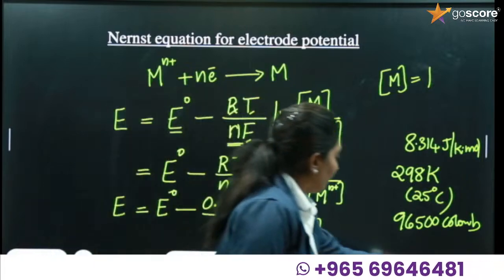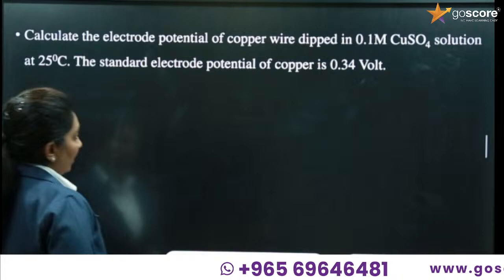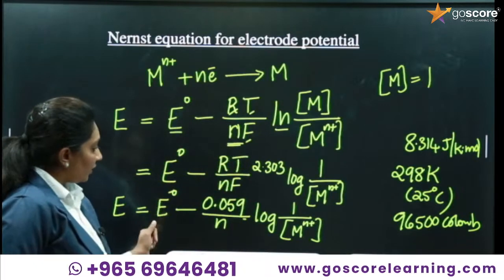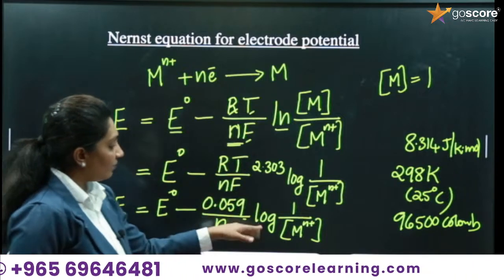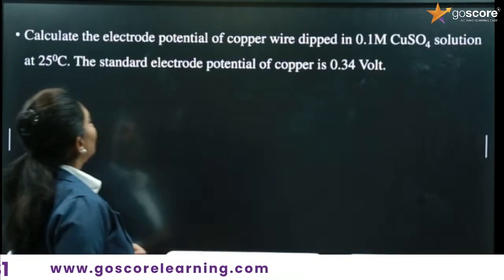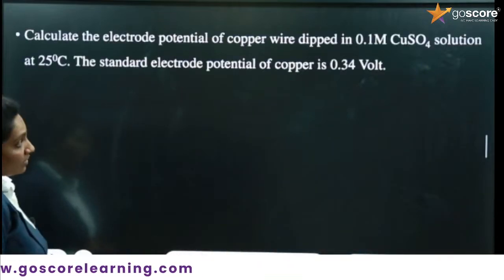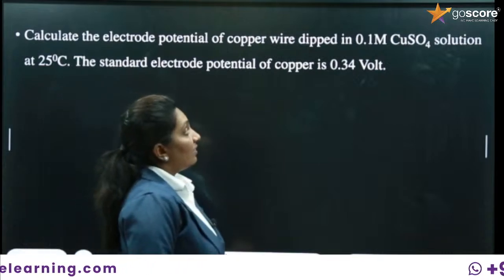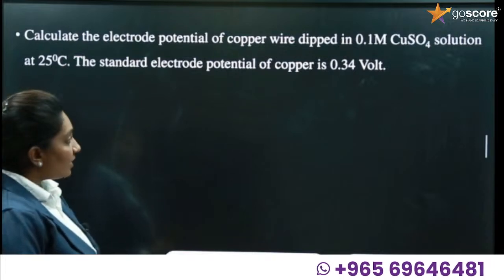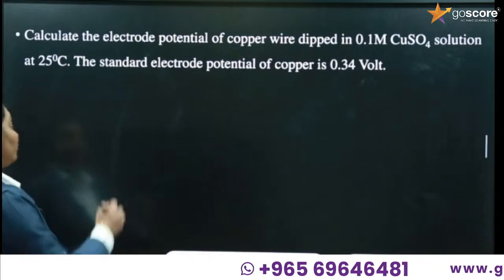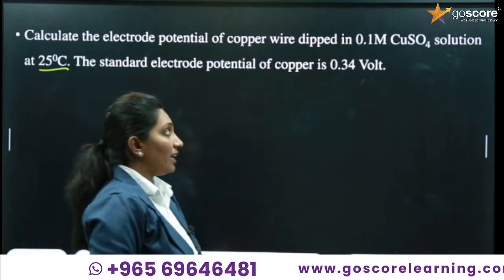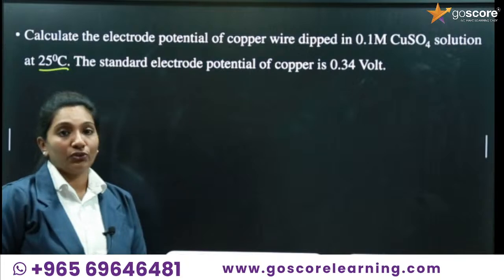Okay. Now let's see one numerical based on that equation. The equation is E is equal to E naught minus 0.059 divided by N log 1 by concentration of the metal ion, right? So, calculate the electrode potential of a copper wire dipped in 0.1 molar copper sulfate solution at 25 degrees Celsius, and the standard electrode potential of copper is 0.34 volt.